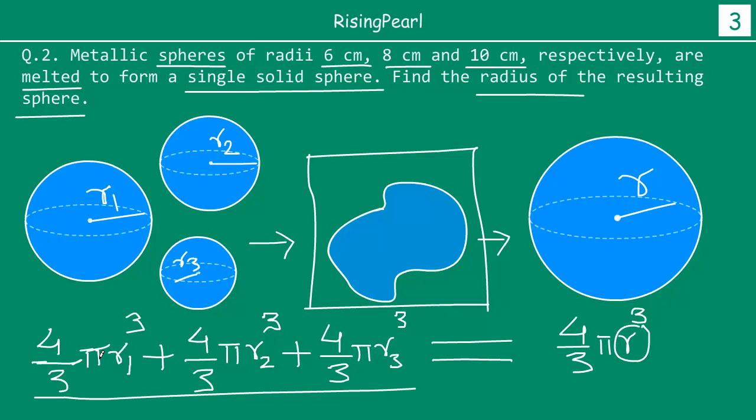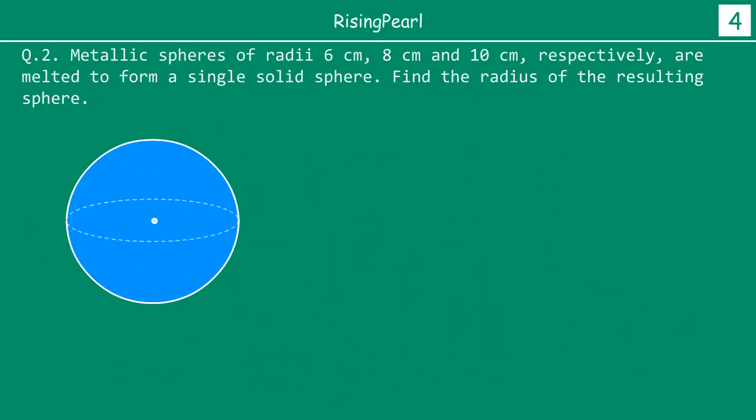As a matter of fact, you can see the 4 by 3 pi can be taken common from this side of the equation, and you can take 4 by 3 pi common here. So very simply, let's quickly solve this.